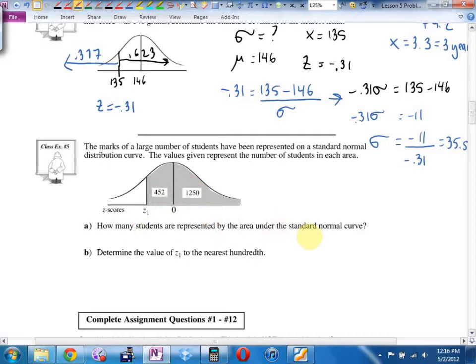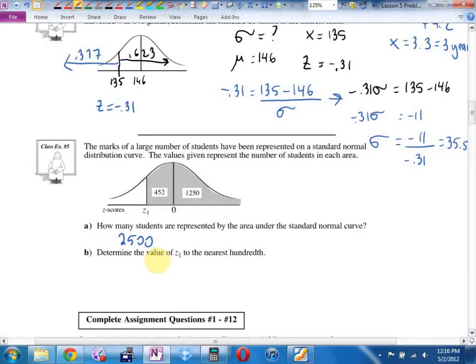How many grand total do you think? If half is 1250, I think there was a total of 2,500 that wrote this test or submitted this data. Is that okay, Nikki? Makes sense so far?